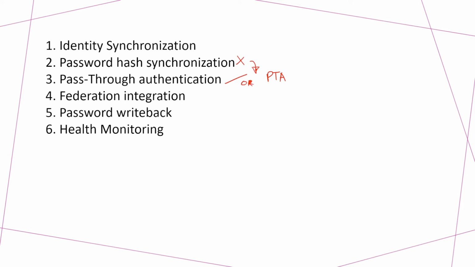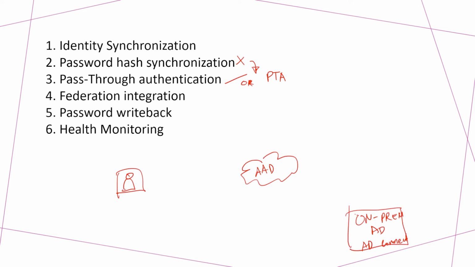So let's say you have your user here, your Azure AD, and then let's say this is your on-prem AD with the AD Connect installed on it. We all know that these two have already been syncing identities.